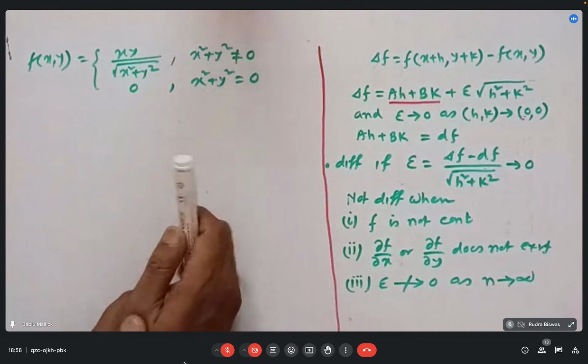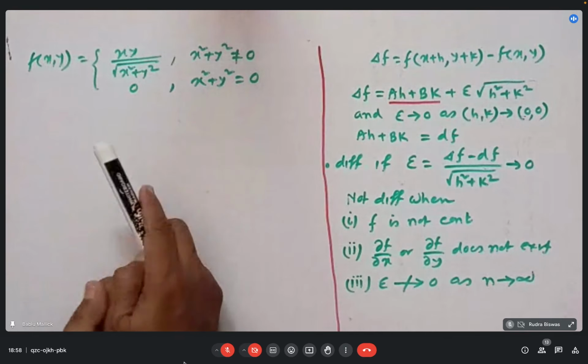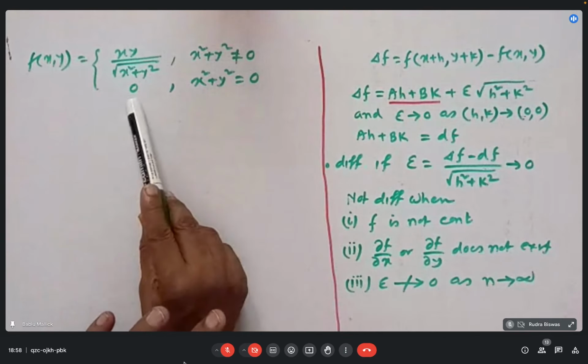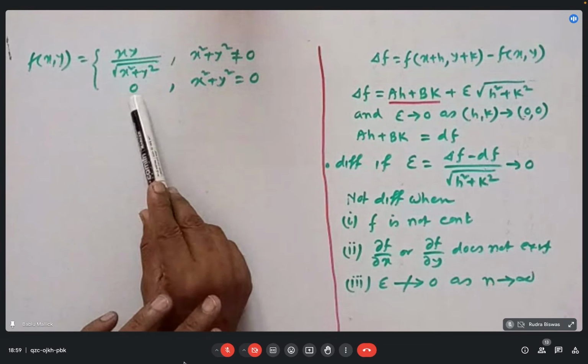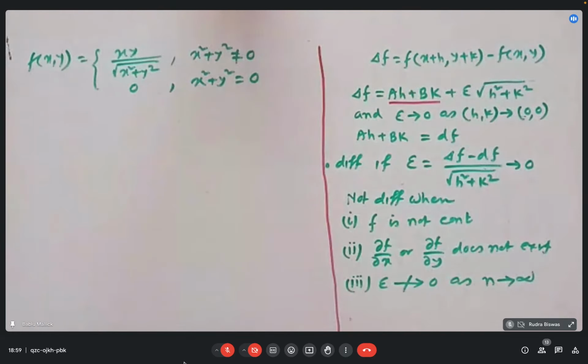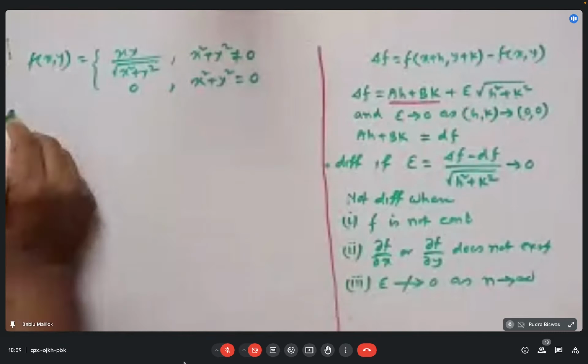Look, it will become continuous if you check it by using the definition. Now second step, try to calculate del f del x.